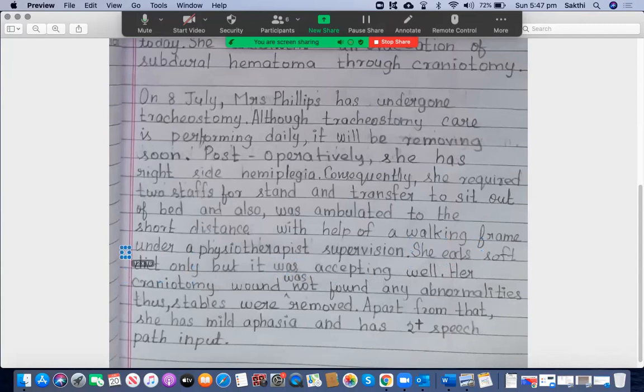You said she eats soft diet only, but it was accepting. This is wrong because soft diet is the light diet, and everyone would be able to accept it very well, isn't it? So you can say she is comfortable with the light diet or soft diet. You don't need to mention it was accepting well.